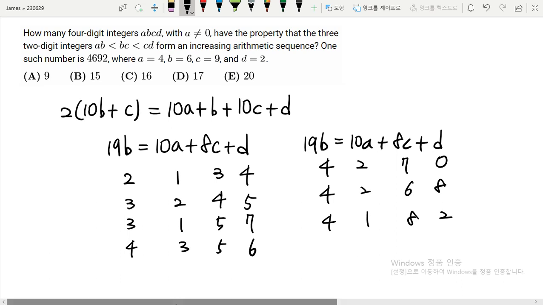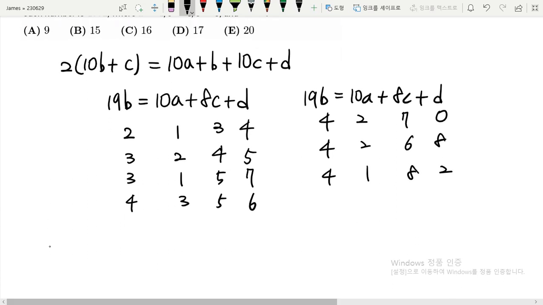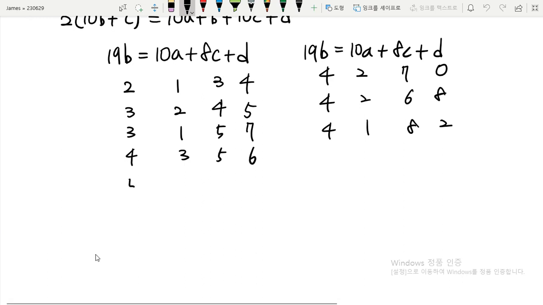So let's increase the value of B to 5. And A starts from 4. So now what's the value of C and D?